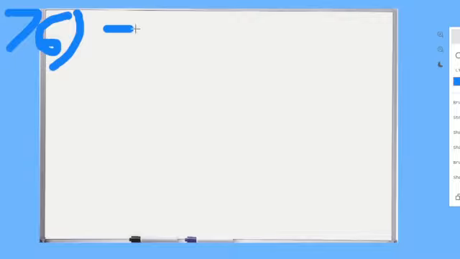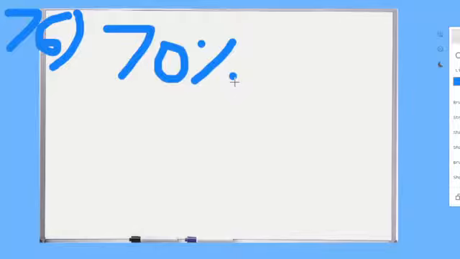Simple. And now time for question 76, okay? A student earned 70% on a test.